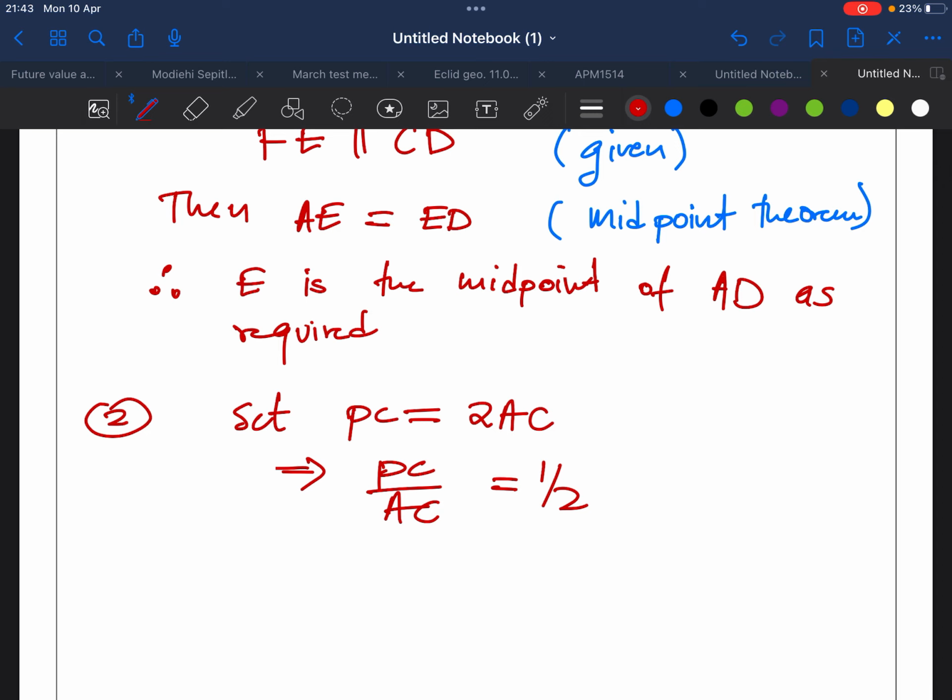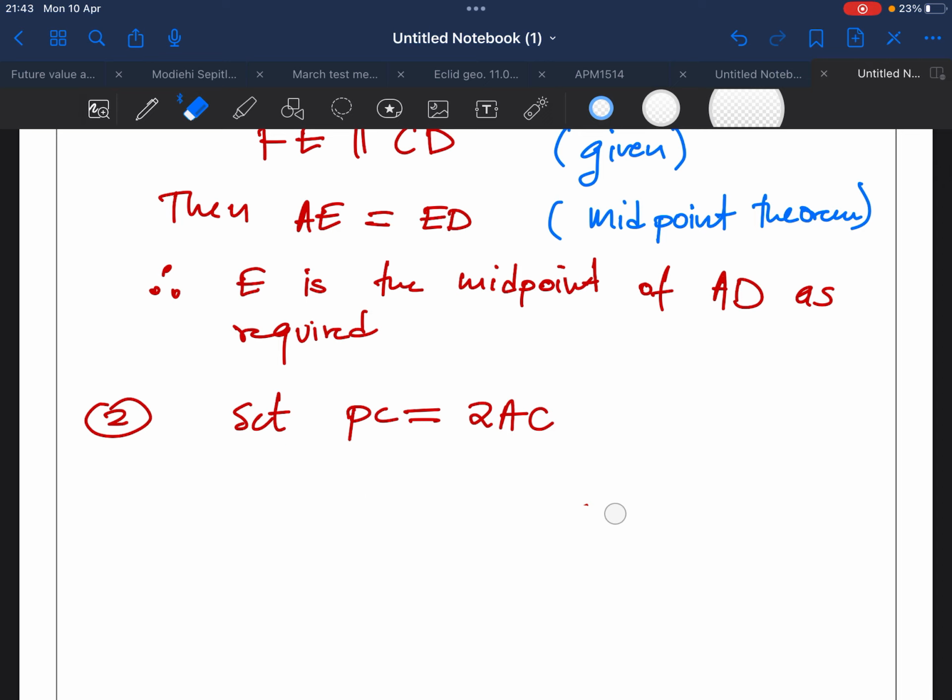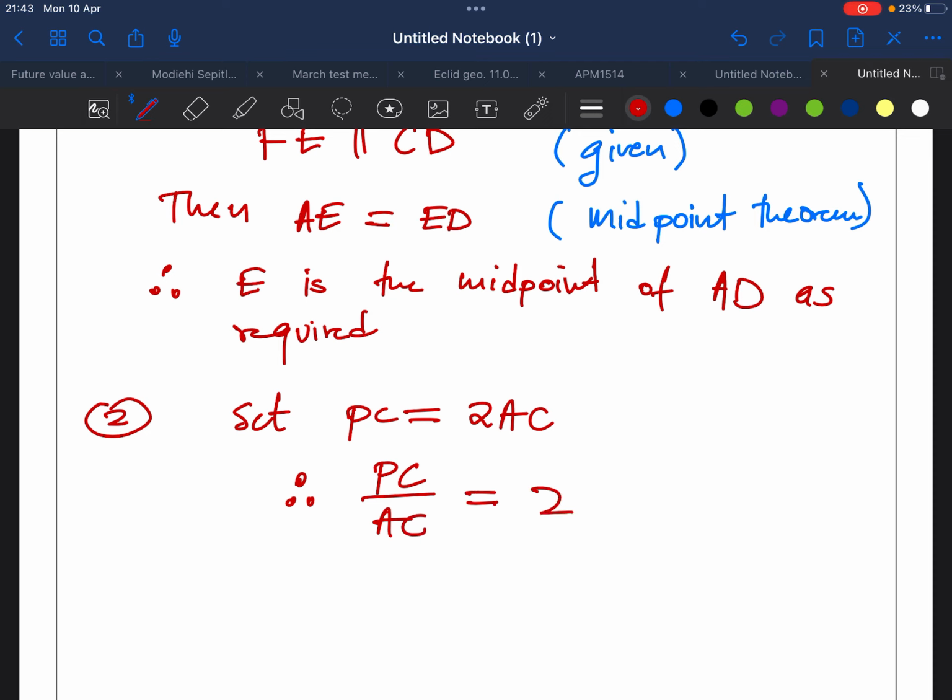I wanted to say, sorry, I made a mistake here. Let us start from here. If you divide both sides by AC, you'll have PC divided by AC, which is equivalent to 2. So let's say this is our A.